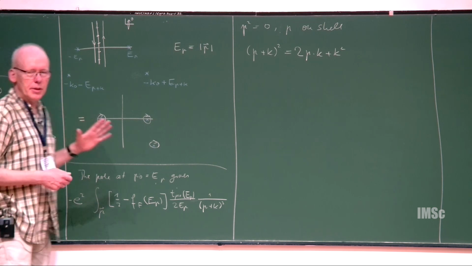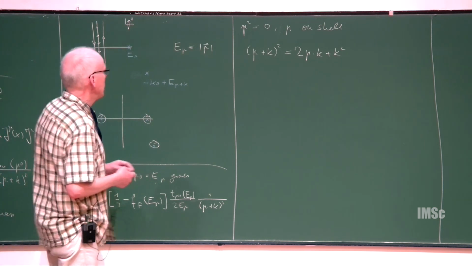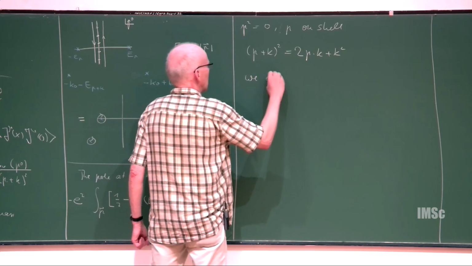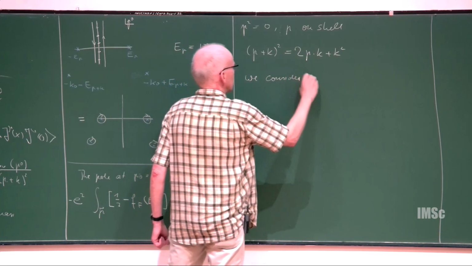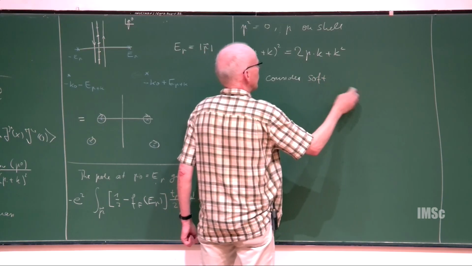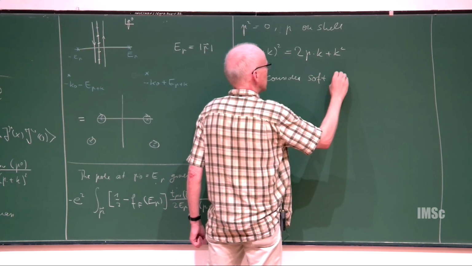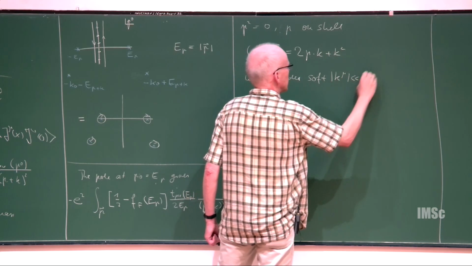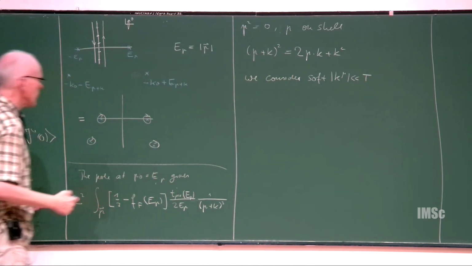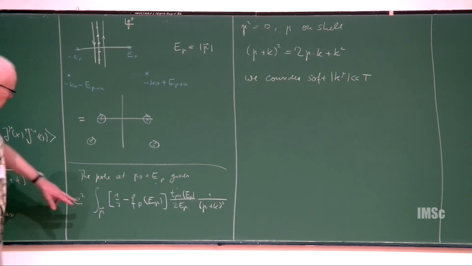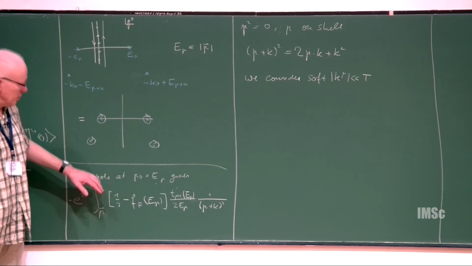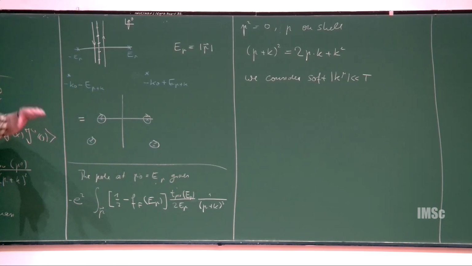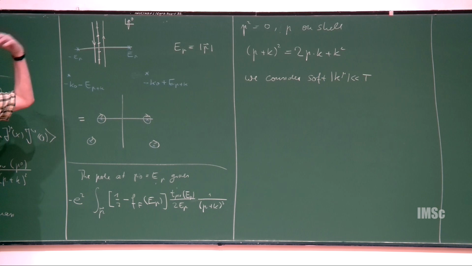Now we can still simplify this, because remember we consider soft k, meaning it's much smaller than the temperature. We cannot quite see it because I didn't write explicitly what the T mu nu is, but the integral is again saturated by hard momenta.